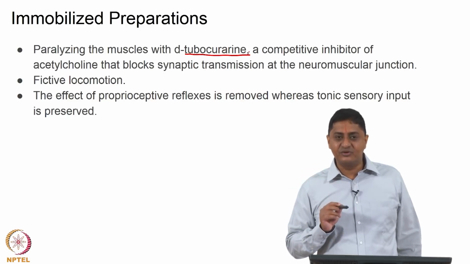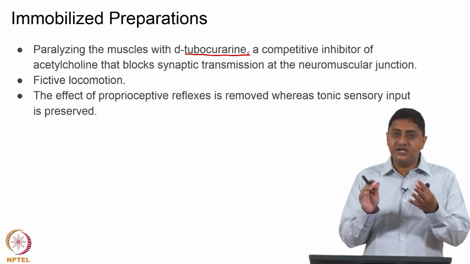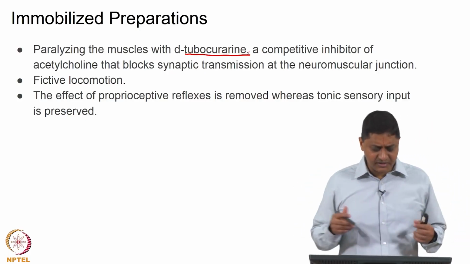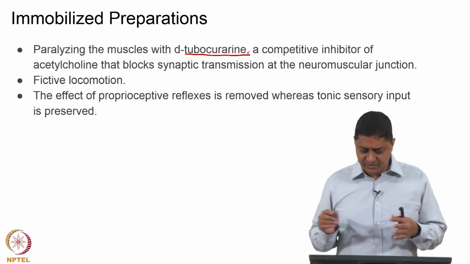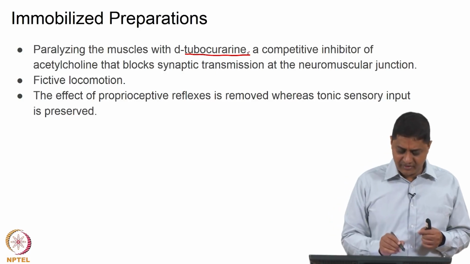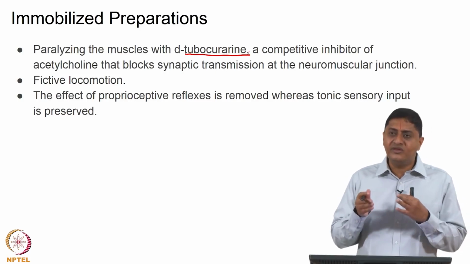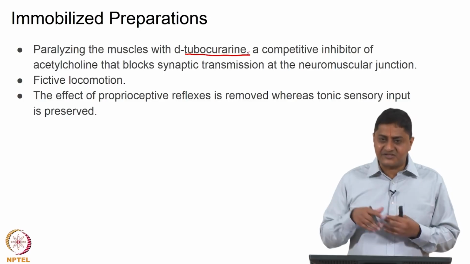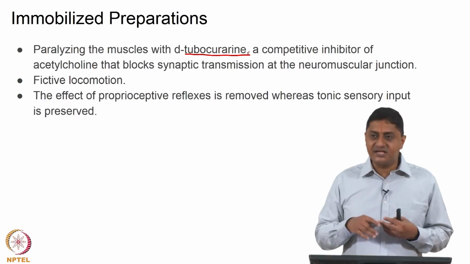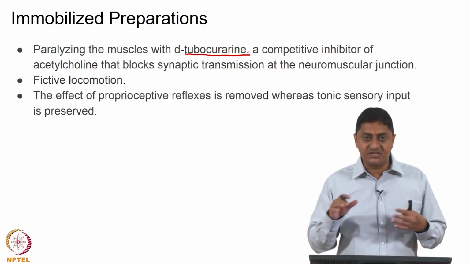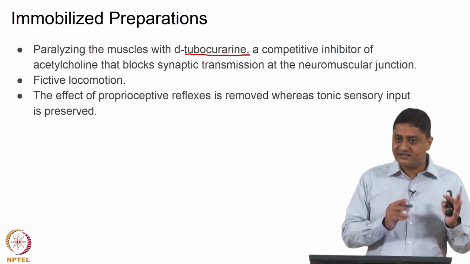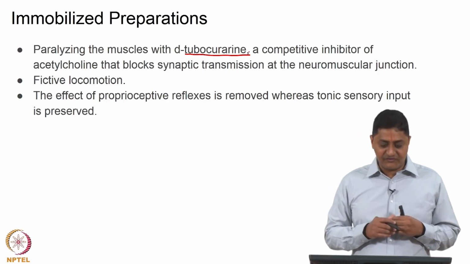Remember, tubocurarine is used as an arrow poison in the Amazonian rainforest, and is an inhibitor of acetylcholine, competing with acetylcholine for the ligand gated channels, the nicotinic cholinergic receptors. So, it basically takes over the nicotinic cholinergic receptors, blocking the reception of acetylcholine at the neuromuscular junction. We said this is the mechanism of how tubocurarine functions.